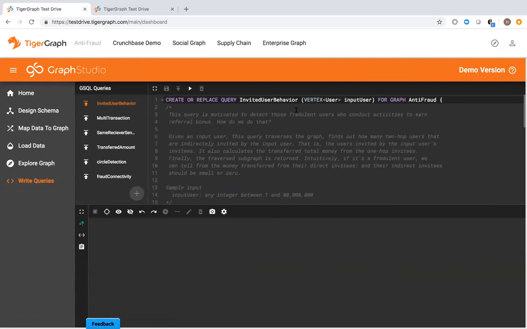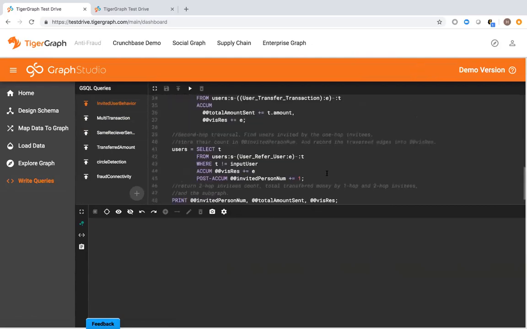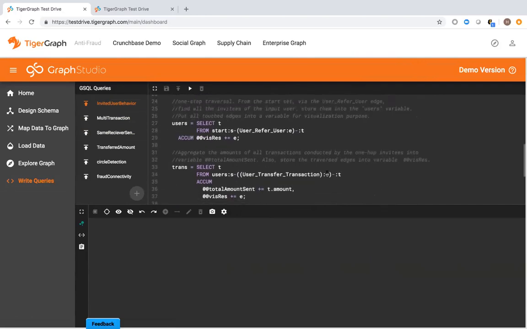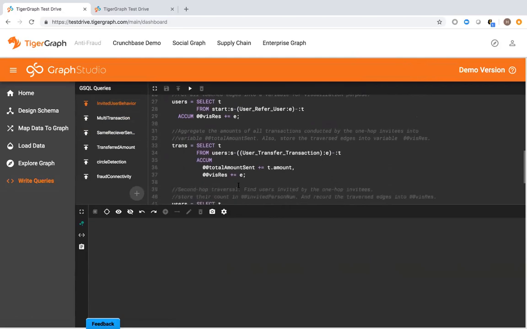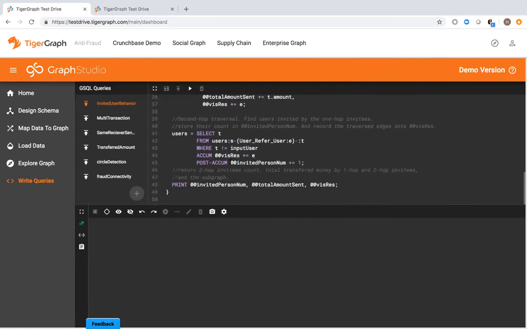So given an input user, we find all the direct invitees, then calculate the total transaction amount of the invitees and also the total number of the people they referred. If these 2 values are low, this user can be suspicious.